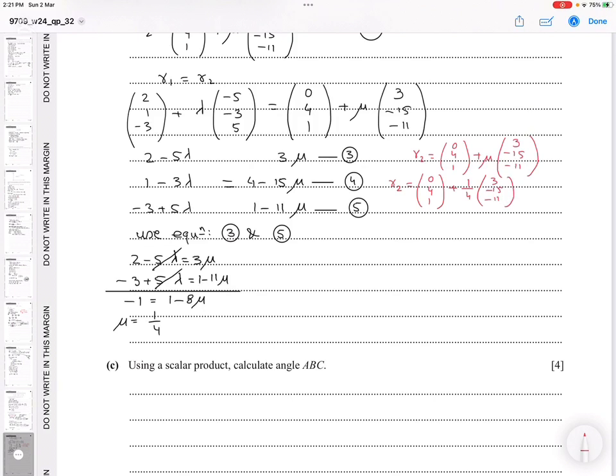So you multiply 1 over 4 inside. So your R2 is 0, 4, 1 plus 3 over 4, minus 15 over 4 and minus 11 over 4.